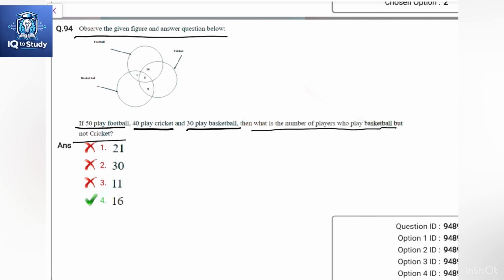The number of players who play basketball but not cricket is 30 minus (5 plus 9), which is equal to 30 minus 14, that is equal to 16.